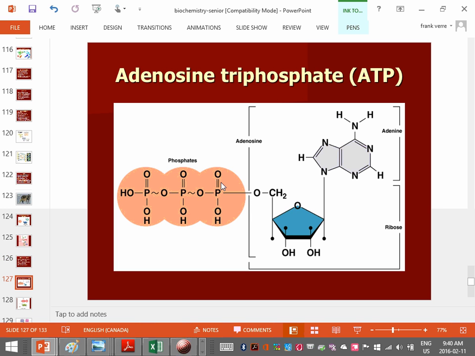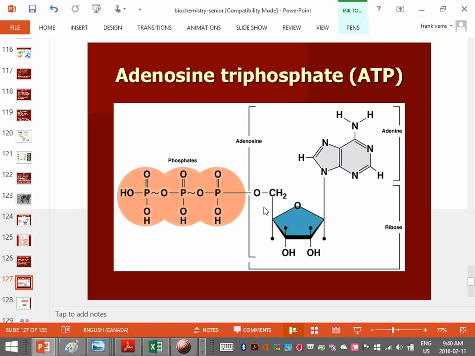But I don't want you thinking that nucleic acids are only about genetics, because nucleic acids can be used for making energy. So here's an example of ATP. This is the molecule that allows you to store energy. But if you look at it, what does it look like? There's your carbohydrate, your ribose. There's your nitrogen base.